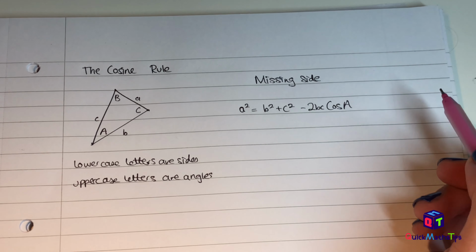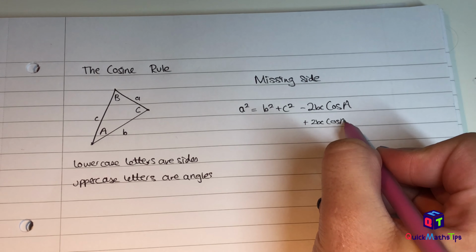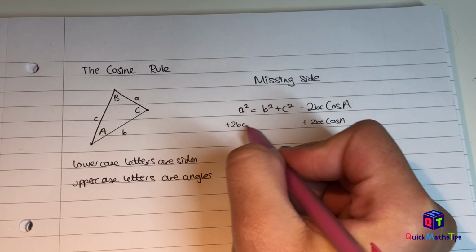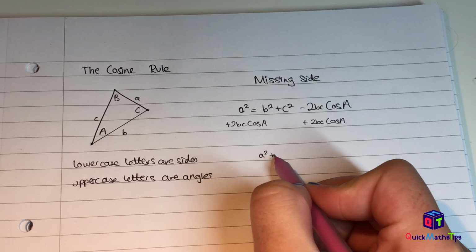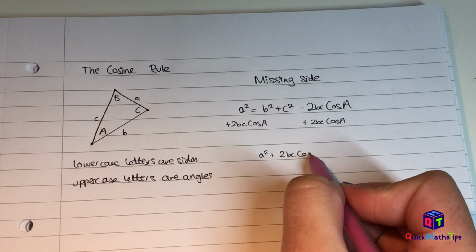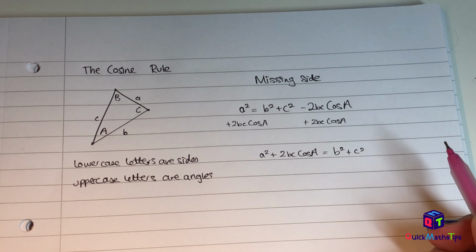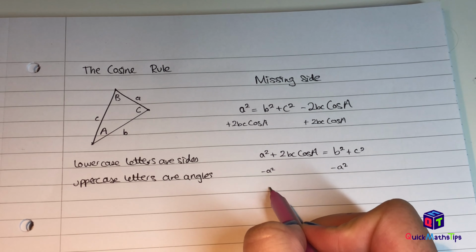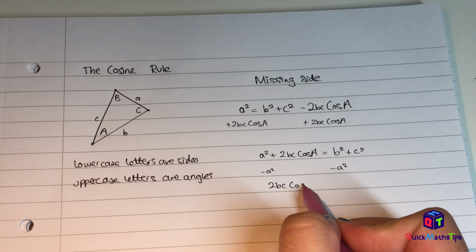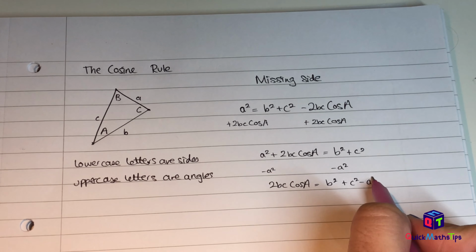So let's rearrange it. First, I'm going to add 2bc cosine A on both sides. I'm left with a squared plus 2bc cosine A is equal to b squared plus c squared. The next thing I'll do is subtract a squared from both sides, and I'm left with 2bc cosine A is equal to b squared plus c squared minus a squared.